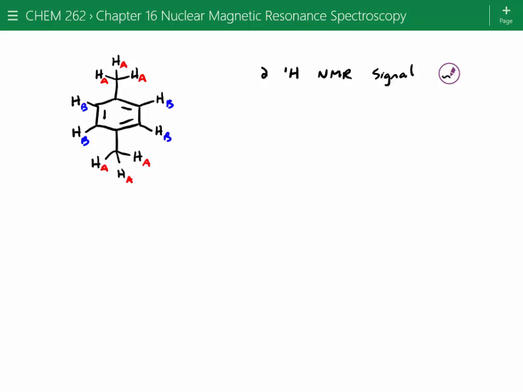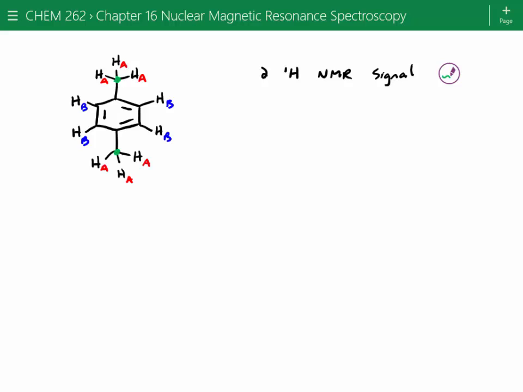And then how many carbon signals will we have? Let's look at this green carbon on the top methyl group. Are there any just like it? Yes. Which one? Yeah, the other methyl carbon, so down here.